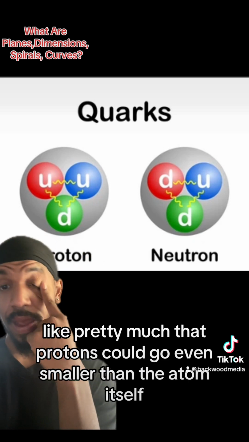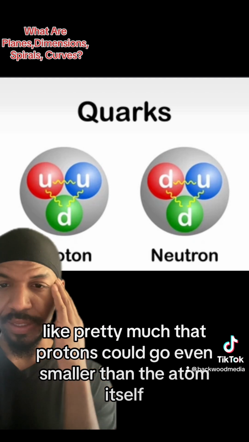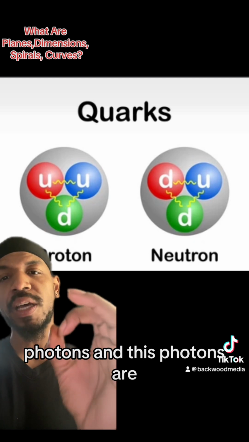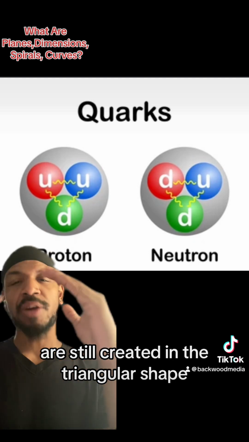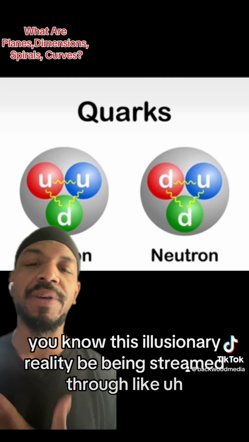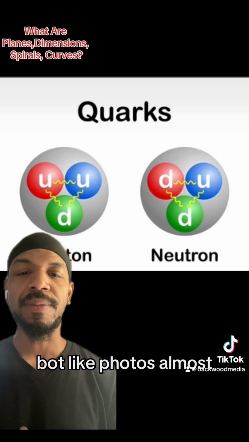So this is telling you that protons could go even smaller than the atom itself. Protons, but also photons, and these photons are still created in a triangular shape. So you would have this illusionary reality being streamed through, like photos almost.